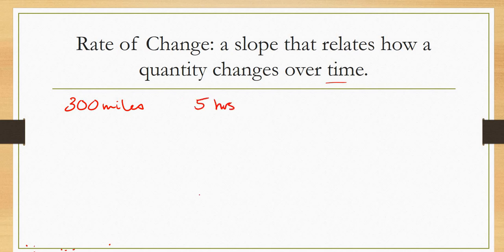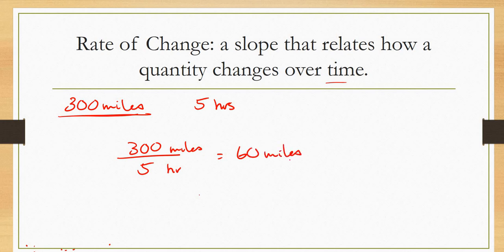My rate of change: the change in miles, the total distance in miles, is 300. My change in hours is 5 hours. And if I simplify this, 300 divided by 5, I get 60 miles per hour.